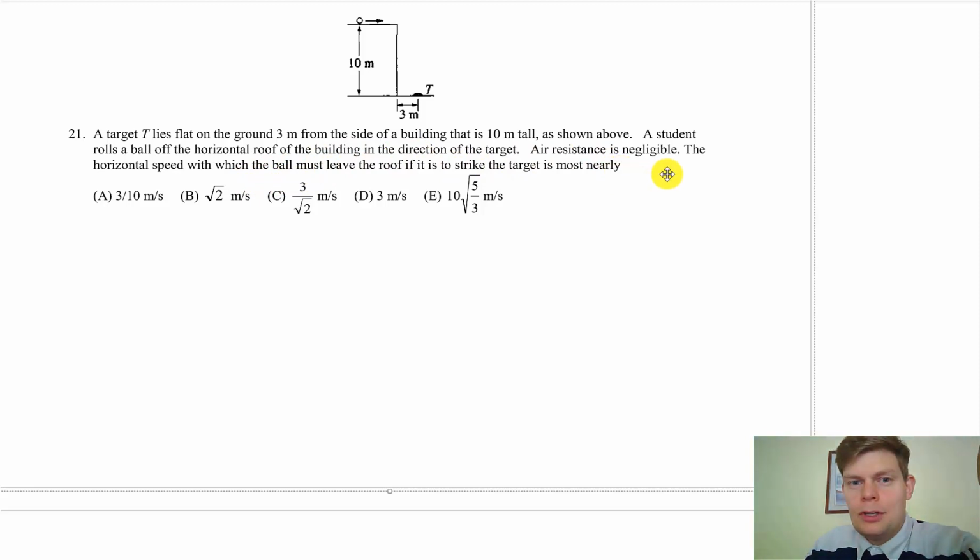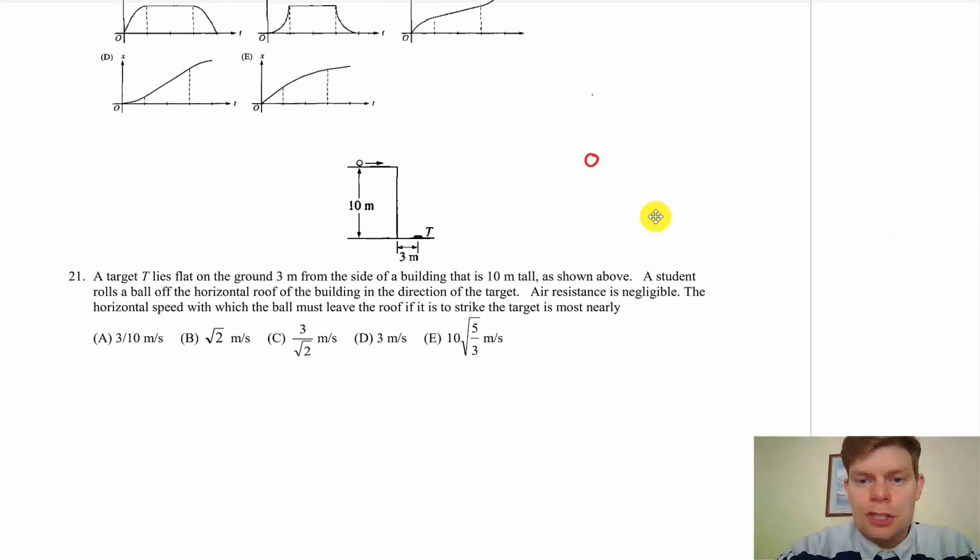Basically, we would find the velocity by doing distance over time. Our distance is 3 meters. Our time we figure out from the height. So we'll do d equals v_i t, where v_i vertically will be 0 because it's rolling off horizontally, plus 1/2 a t squared. Our d is 10 meters. Our acceleration, instead of 9.8, we're using 10.